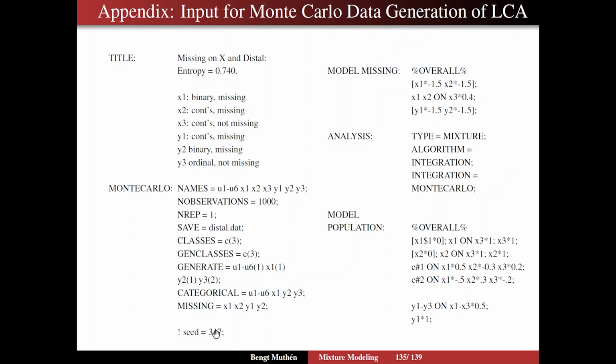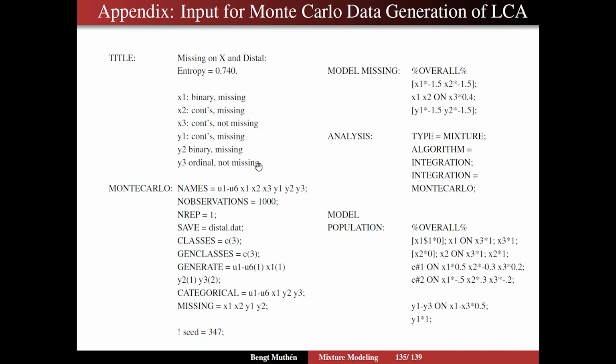Slides 135 and 136 show you the input for Monte Carlo generation of our LCA data, where we create and save the distal.dat. Here's a list of variable specifications: x1 binary with missing, x2 continuous missing, x3 continuous not missing, y1 continuous missing, y2 binary missing, y3 ordinal not missing.